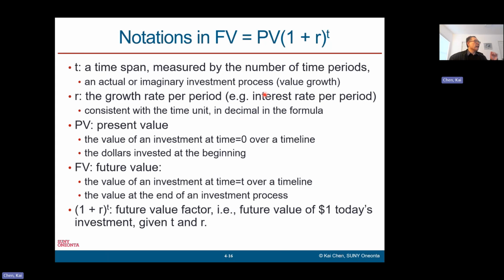Or this time span could be an imaginary investment process: you invest a sum of dollars today, and you want to know how many dollars you're going to receive in the future. Anyway, this investment process is a value growing process.